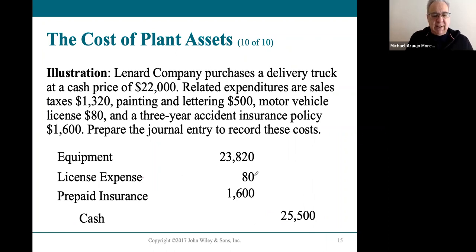The license, like I said, is an expense. The license is to get the driver ready, not to get the truck ready. And the insurance is prepaid insurance. And so even though they spent $25,500 in cash on all of this, $23,820 is specific to the truck. And so that's what gets debited in the equipment account.